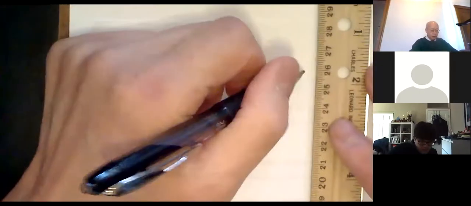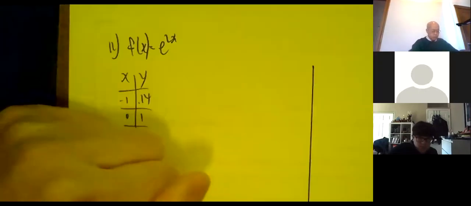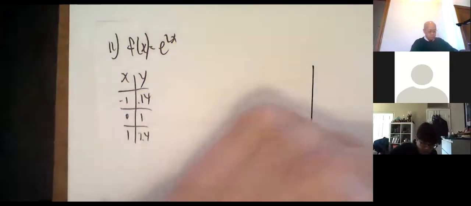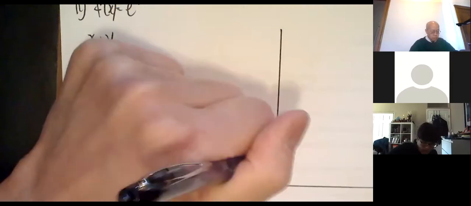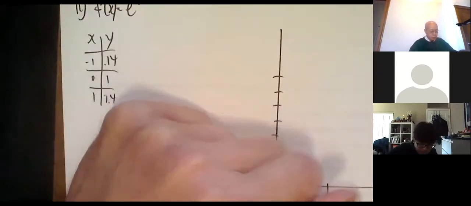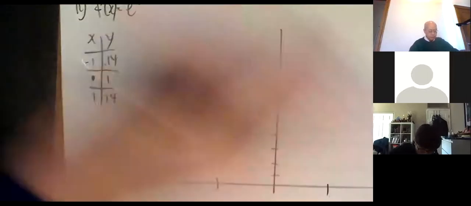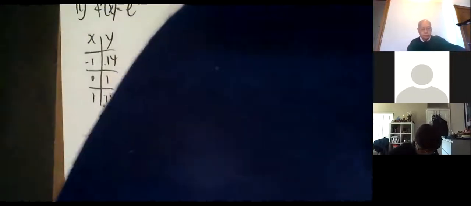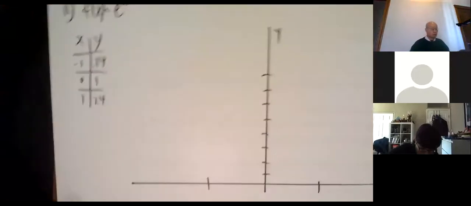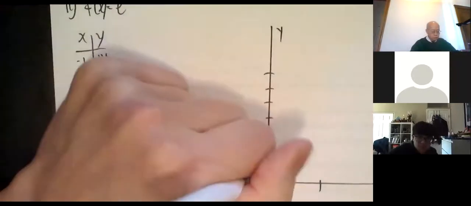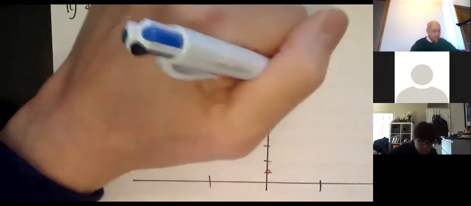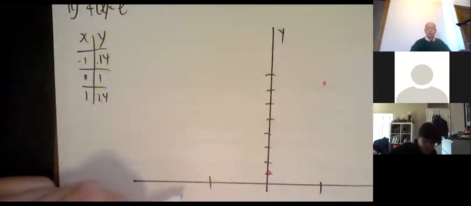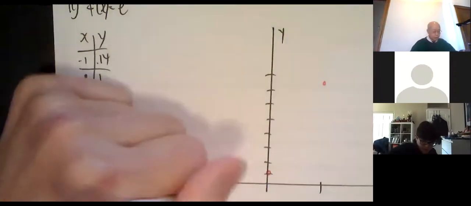So if I may just graph that real quickly here. So 1, 2, 3, 4, 5, 6, 7, 8. I'm going to exaggerate this direction. Okay, 0, 1. 1 is way up at 7.4. And -1 is quite low.